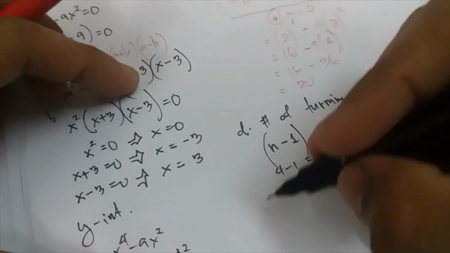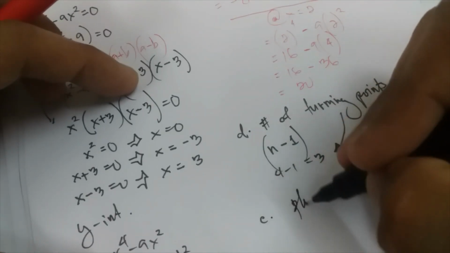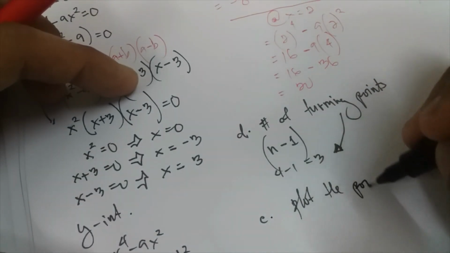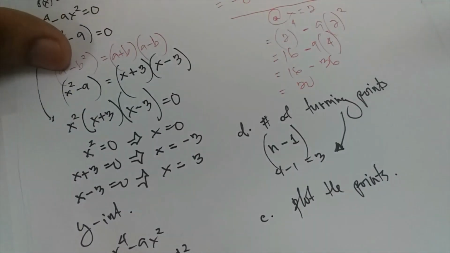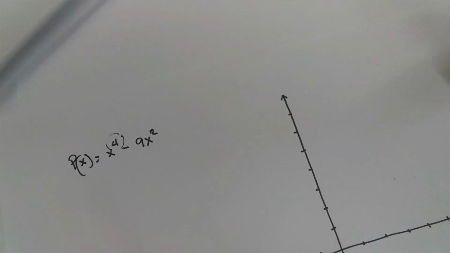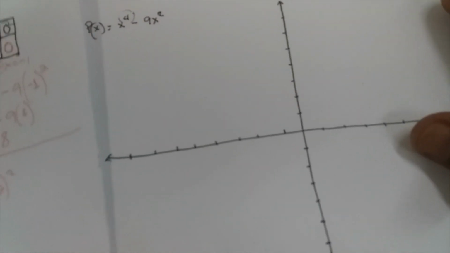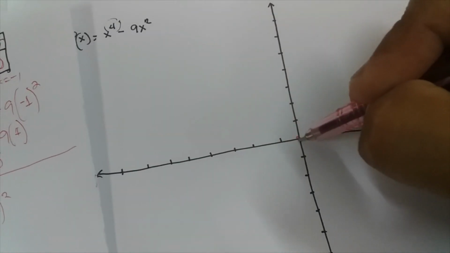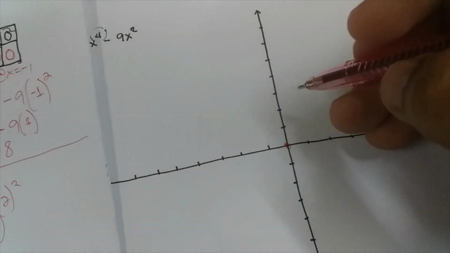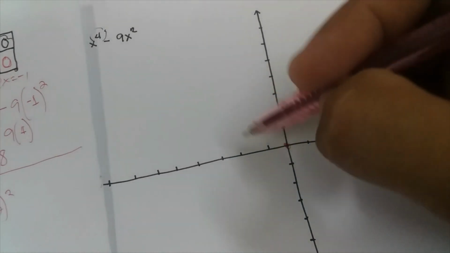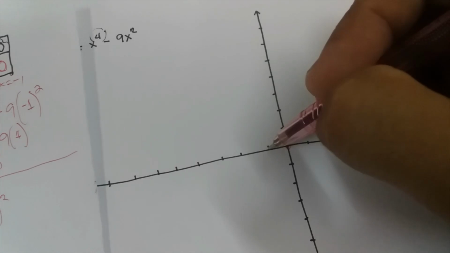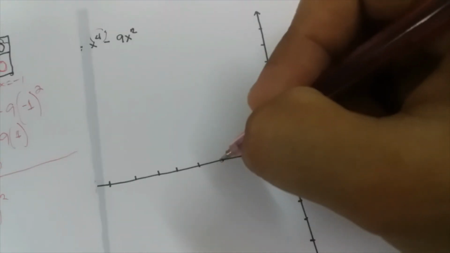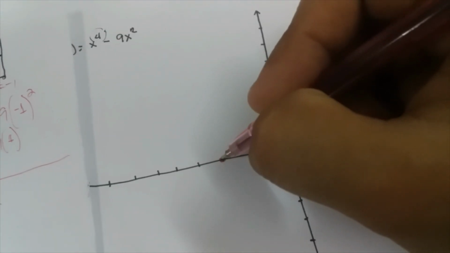So next we have to plot for letter E, plot the points. We'll be using the table of values this time. So I have here when x is 0, your y is also 0, this one. When x is negative 3, your y is also 0. So when x is negative 3, you go negative 1, negative 2, negative 3, and your y is 0, you put the point here.